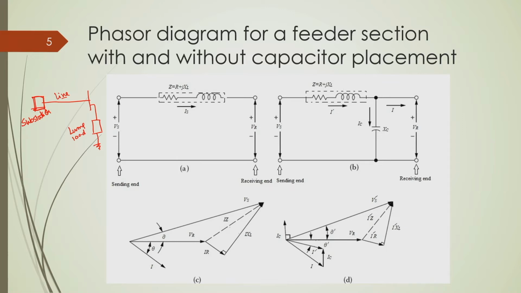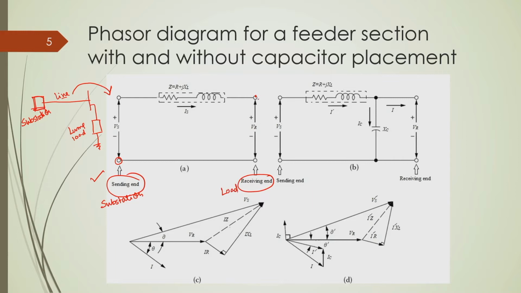Now, if we represent this in an equivalent circuit form, then this circuit will look like this. So, the left hand side is the sending end node, where we have this substation located, and the extreme right hand side is the receiving end side, where we have the load connected.